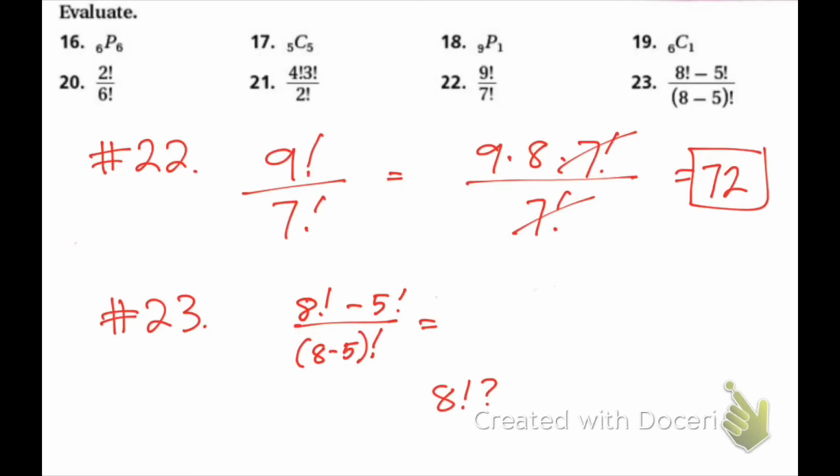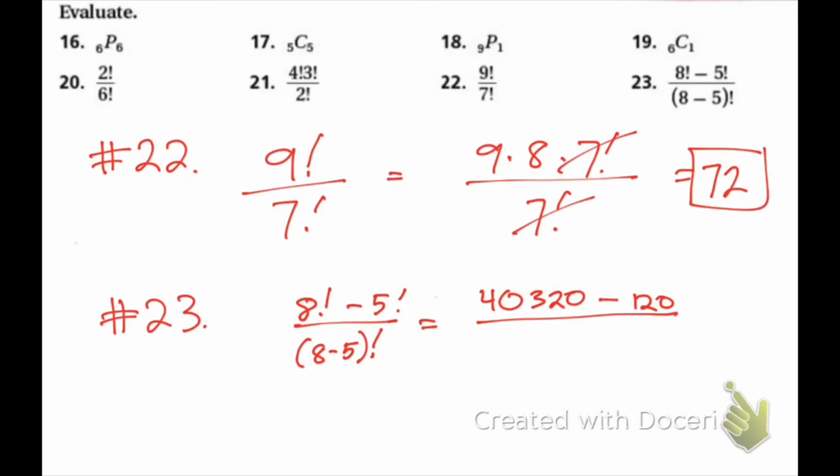Well, 8 factorial is equal to 40,320. And then you have to say, well, what's 5 factorial? So minus 5 factorial is 120.